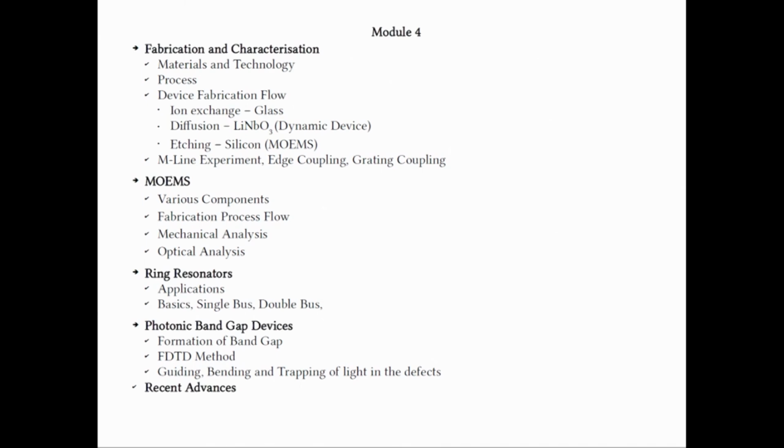So, we looked at a few processes where you can fabricate these MEMS devices. In particular, we can use two broad categories, bulk micromachining and surface micromachining. These are the two important processes that are used for optical MEMS applications.